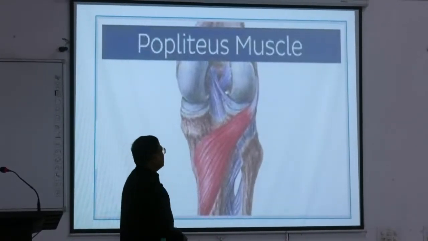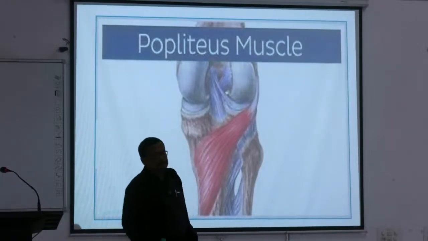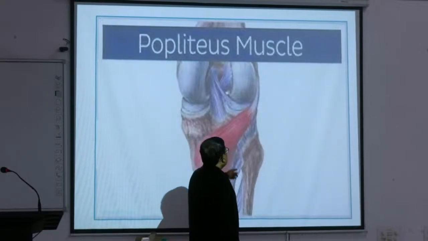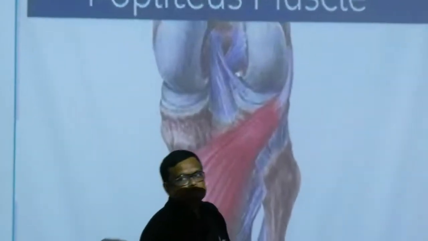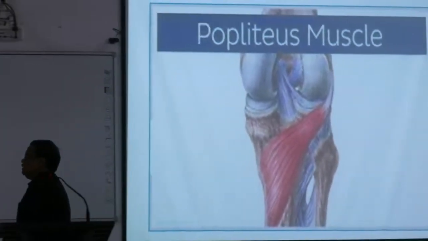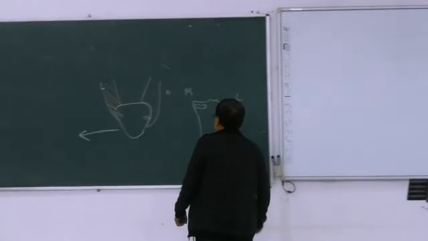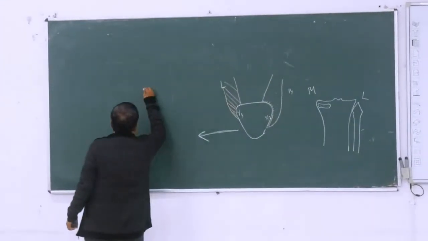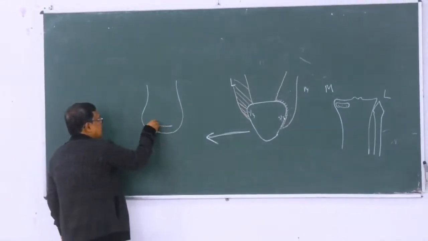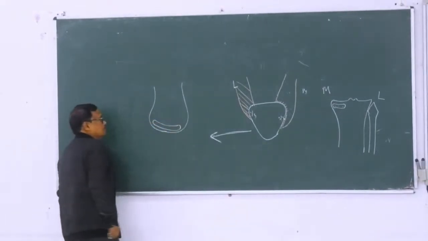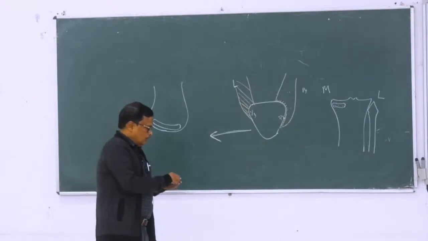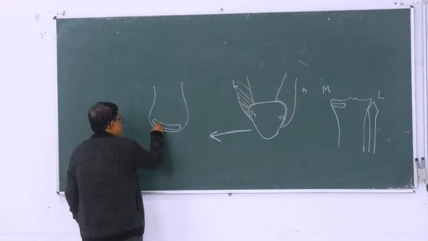Popliteus is known as the unlocking muscle of the knee joint, it unlocks the lock with the key. It takes origin from the lateral condyle of the femur. Here there is a groove, okay? And the popliteus muscle takes origin from this groove.